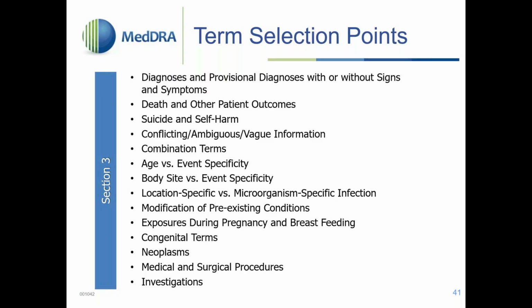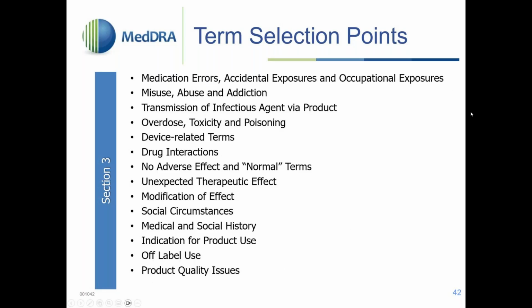So if you have a body versus event specificity term, if you have a term that has a location but also a specific microorganism for an infection, if you have a term that talks about a medical procedure, or if you have a suicide term or self-harm term, misuse and abuse, overdose, toxicity, device terms, drug interactions, even situations where there is no clinical sequelae to the patient. So if there is no adverse event, or if there's a normal term, or if there's an unexpected therapeutic effect, how do you code off-label terms? All of these scenarios are included in the ICH endorsed guidelines.